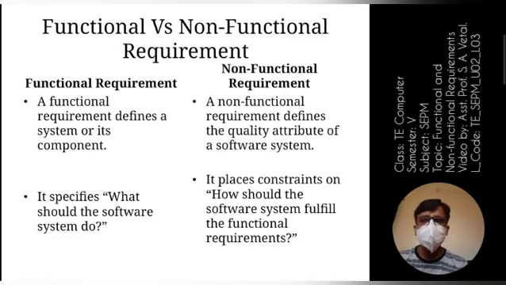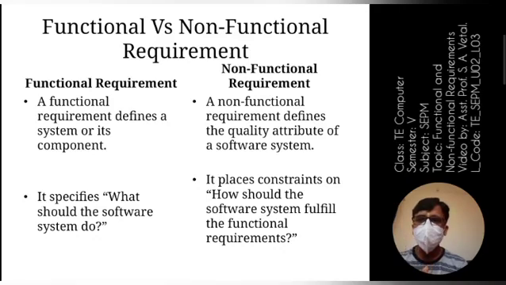On the other hand, a non-functional requirement defines the quality attribute. These are the quality attributes that we are going to define under the non-functional requirement. The next is, it specifies what the software system should do. The functionalities and features provided by that system specify what that system should do.